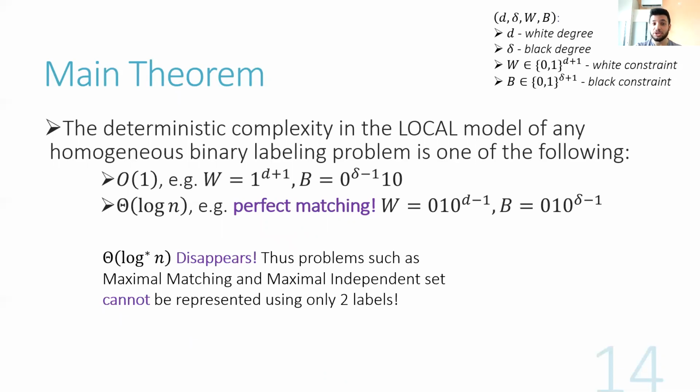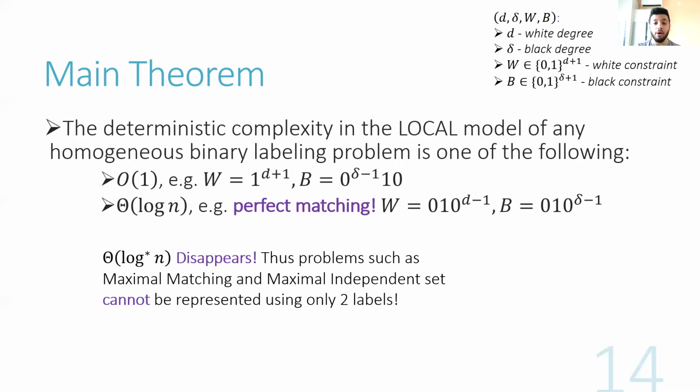disappears, which is kind of surprising because many known and important symmetry breaking problems, such as maximal matching and maximal independent set, are known to admit theta of log star n round algorithms on bounded degree graphs.